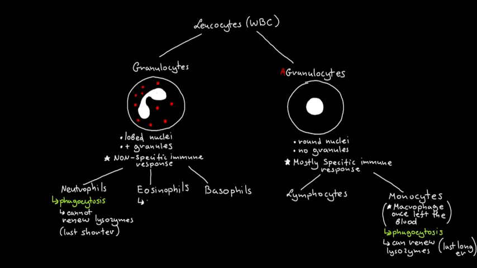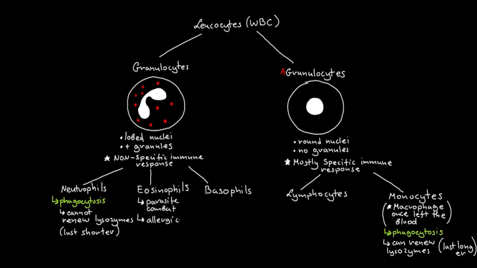On the other hand, neutrophils, the ones on the left, cannot really reproduce their lysozymes, so they will last shorter, while macrophages will last longer and also do one thing we are going to talk about later, become an antigen-presenting cell, which is required for specific response.